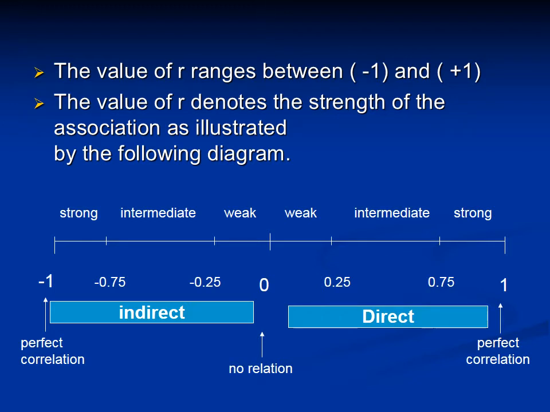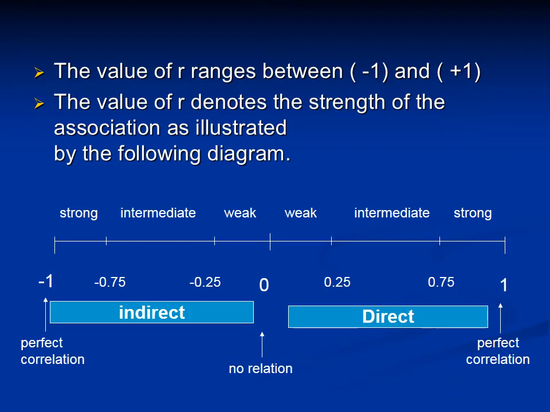And then on this other side, 0.25 and below is a weak positive correlation between two variables. And between 0.25 and 0.75, that is an intermediate positive correlation between two variables. If you happen to get R equal to +1, that is perfect positive correlation.